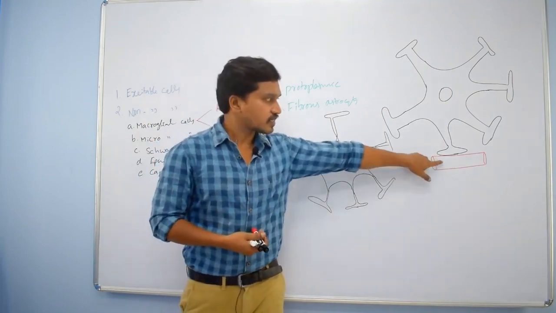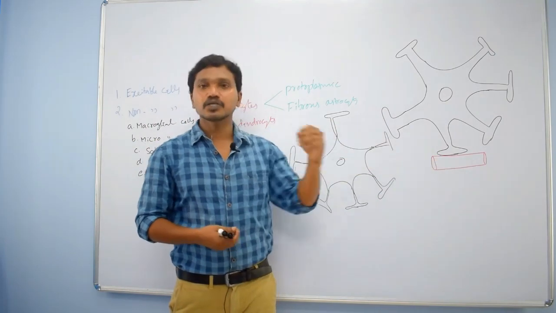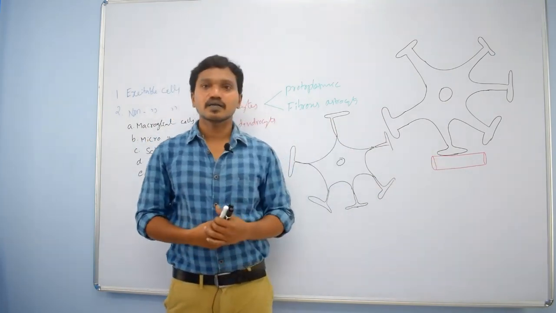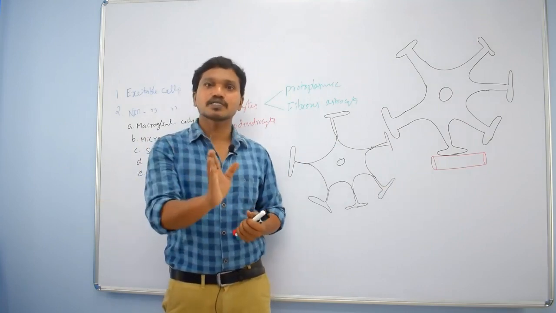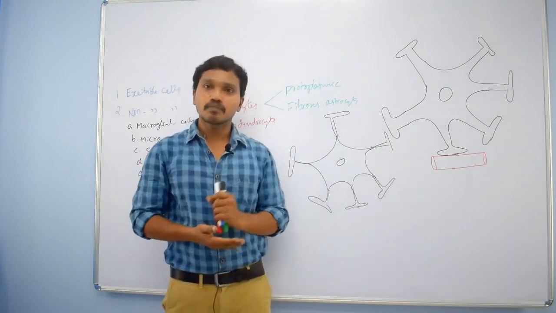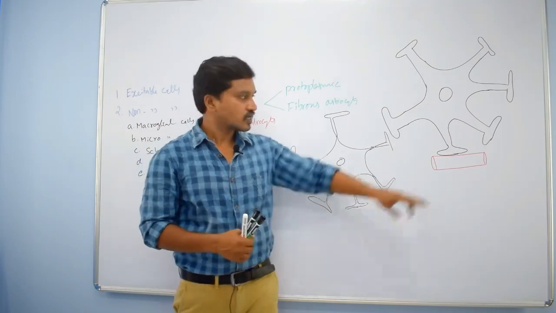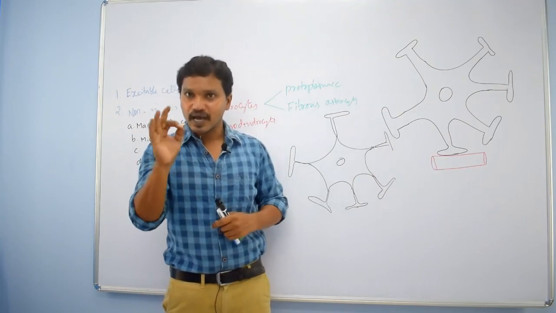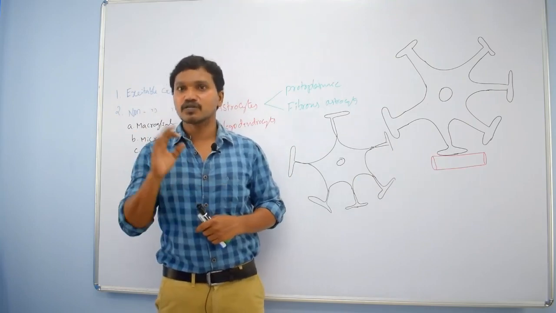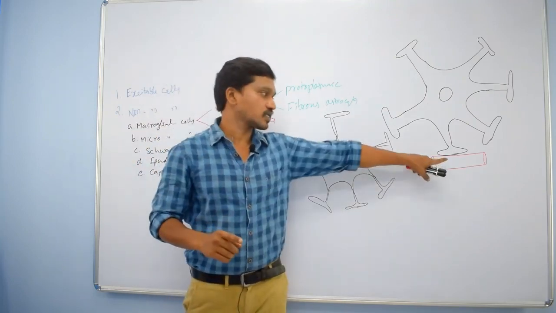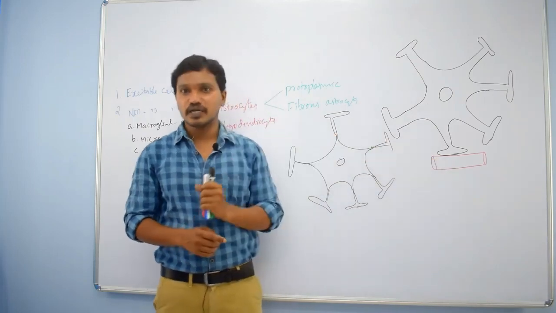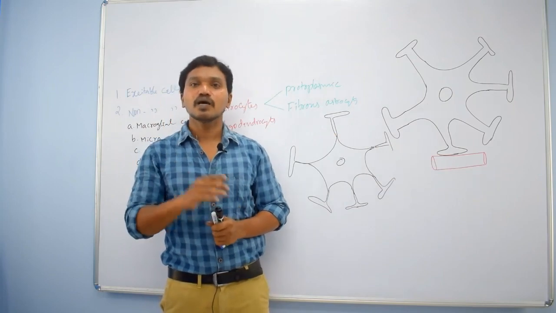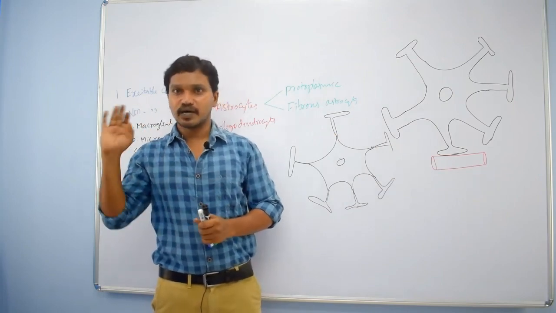If those toxic materials enter the brain, brain tissue will be damaged. That's why this barrier selectively permits material into the brain tissue. This barrier is semi-permeable. It will not allow all materials which are present in the blood into the brain tissue. Clear? So, this barrier we call the blood-brain barrier.